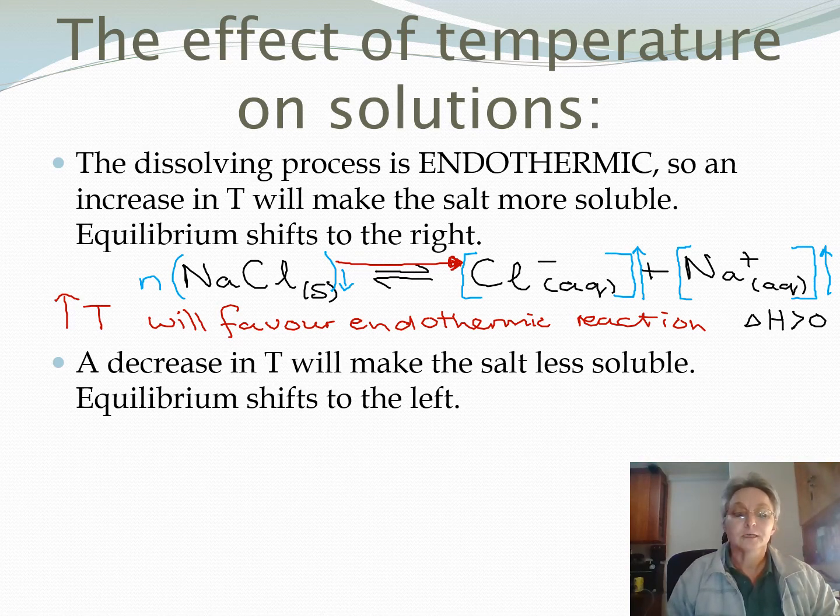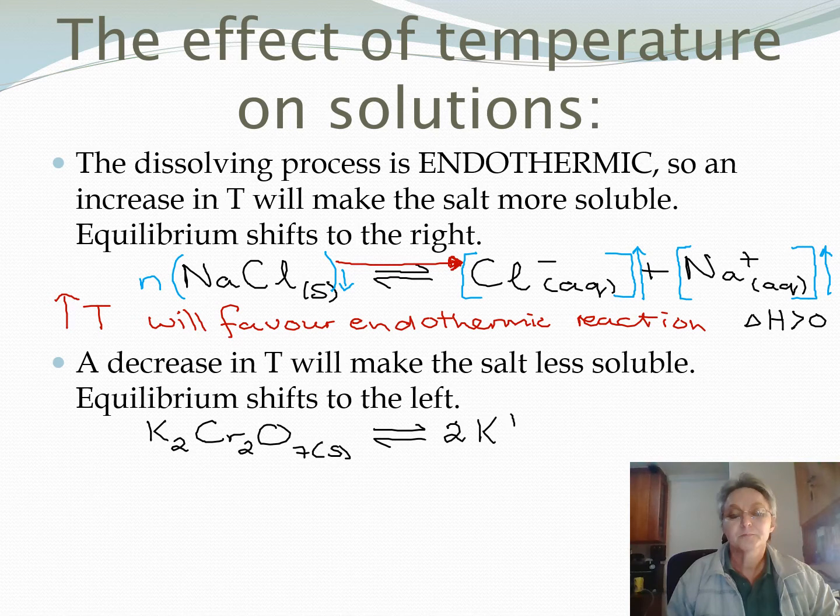If we look at the potassium dichromate, that is in equilibrium with its ions in solution. Once again, the forward reaction is endothermic.